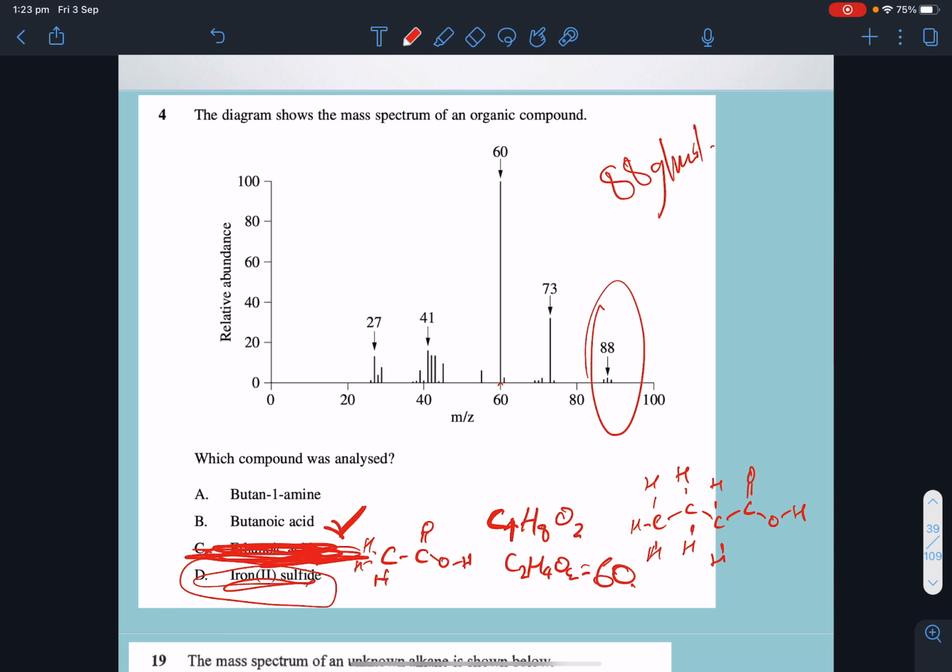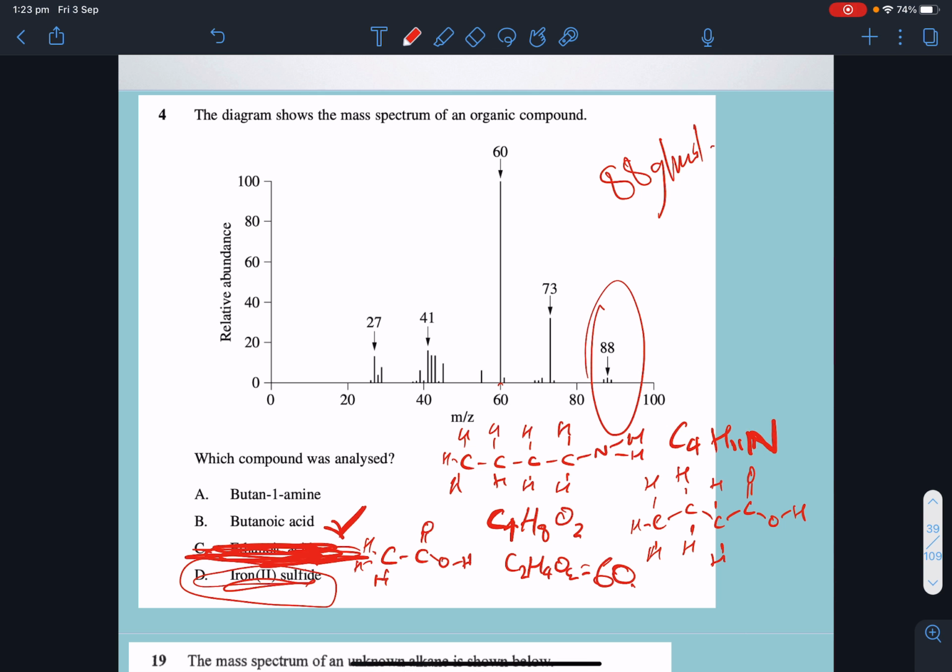Look at that. Let's just make sure, butan-1-amine. 4 carbons. There's our amine on 1. So we're going to get C4, H3, 4, 5, 6, 7, 8, 9, 10, 11, and 1 nitrogen.